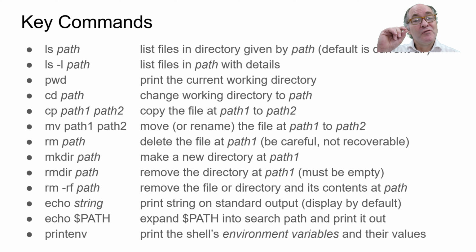If I wanted to move the foo file up one level and call it bar in its new directory, then I could say mv foo dot dot slash bar. Okay, and that would move the file currently at the path foo in my current directory to be the file bar one level up. So again, we'll see examples of all of this when we crank up a shell program in just a couple of minutes.